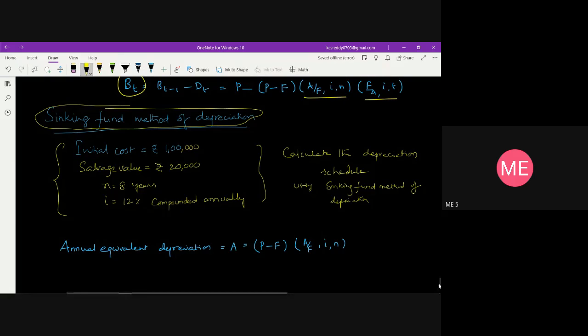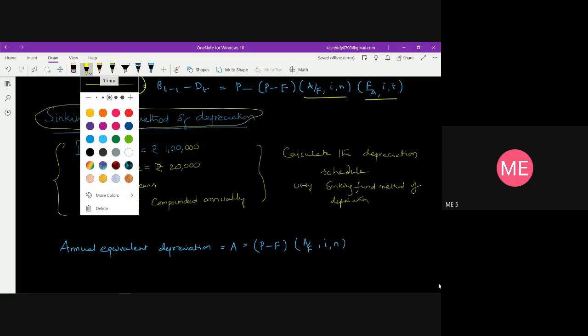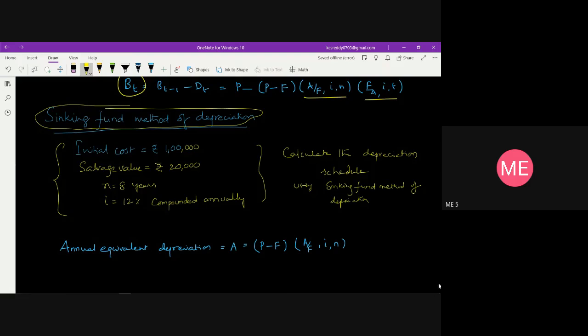So what is the value which I'm going to get? We need to find the factor for i given as 12% and n as 8 years.